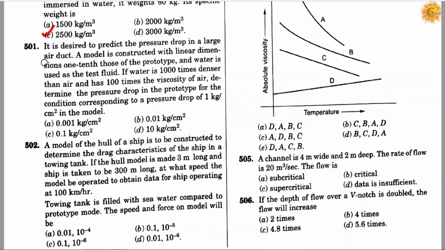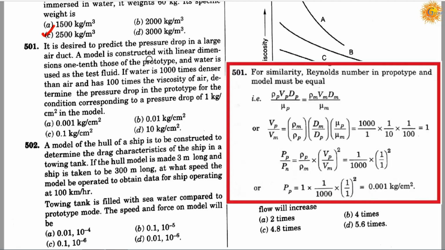Question number 501. It is desired to predict the pressure drop in a large air duct. A model is constructed with linear dimensions 1/10 those of the prototype, and water is used as the test fluid.